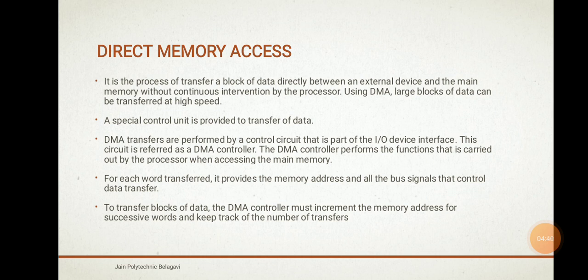To transfer blocks of data, the DMA controller must increment the memory address for successive words and keep track of the number of transfers. So if you want to transfer content between the main memory and an external device, it should increment the memory address for successive words and also keep track of the number of transfers.